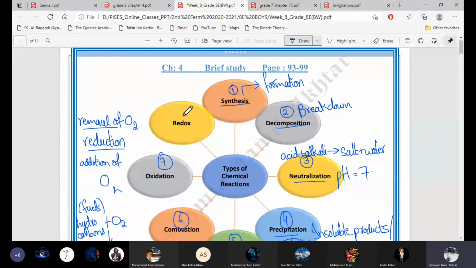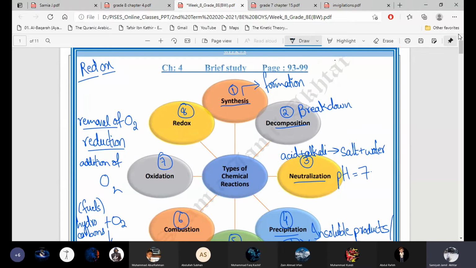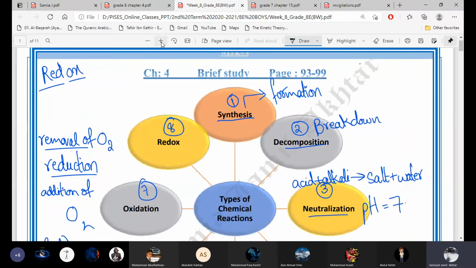Then we have redox reactions, the last type of reactions. In redox, red is reduction and ox is oxidation. In this type of reaction, reduction and oxidation happen simultaneously in one reaction. One thing gives oxygen and the other thing receives oxygen.